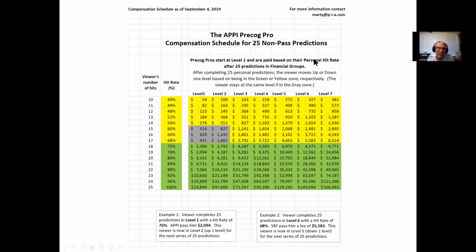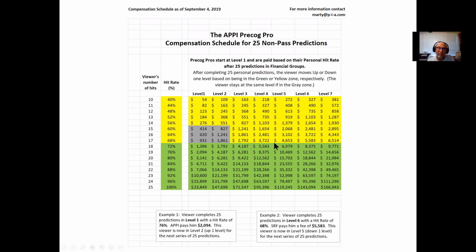So you start at level 1, and you're based on your own personal hit rate after 25 predictions. It has nothing to do with the way I wager. It's got nothing to do with me. You don't concern yourself about that. All you concern yourself with is getting the highest hit rate possible.